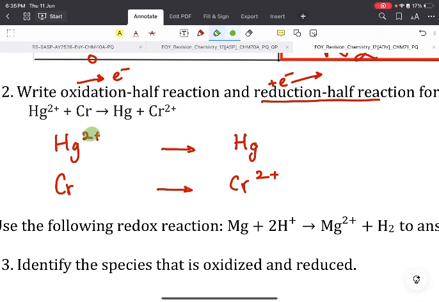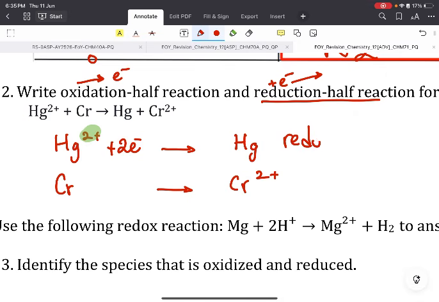So over here, I have a +2 charge, and here it is 0. Always we add the electrons on the higher side. So I'm gonna add electrons over here, 2 plus and 2 minus is gonna be 0, and that's 0. So this one is now balanced.